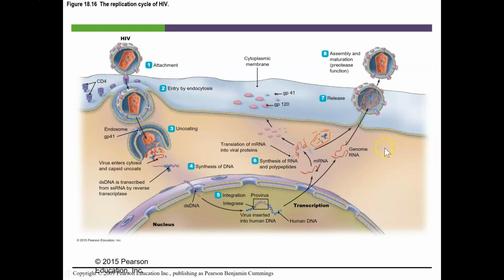Those viral proteins congregate at the surface of the cell. Then the nucleic acid starts to assemble parts of the virus, and this pushes its way out. It buds out. The virus is interesting in that it doesn't really mature until after it gets out of the cell. It fully matures after it leaves the cell. These are the basics, but there are more details discussed in the animation.